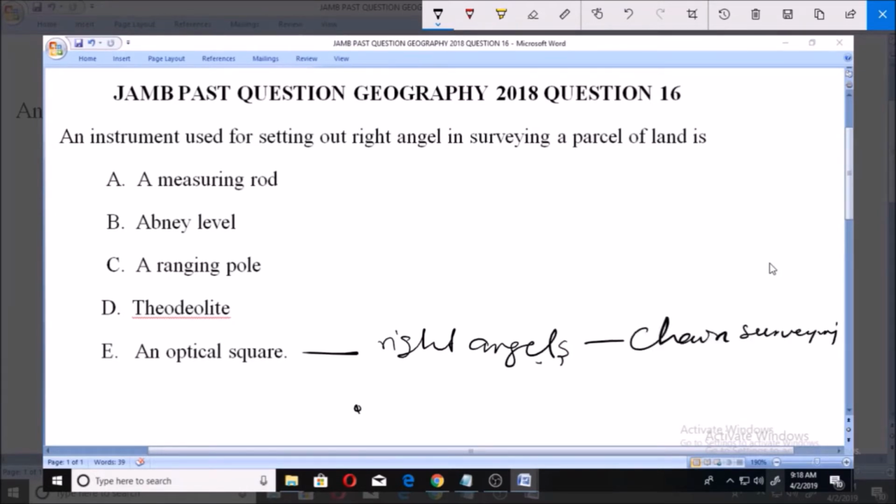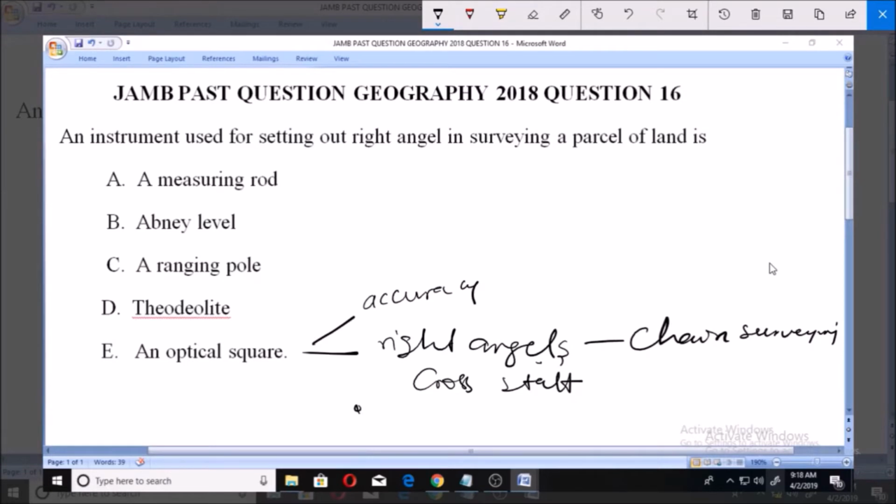It is used for a similar purpose as the cross staff, but it is easier to use and of greater accuracy. So this optical square has very good accuracy.